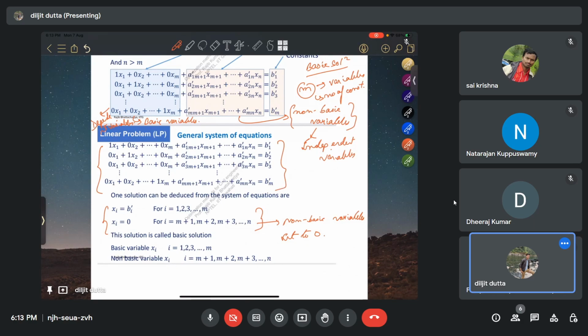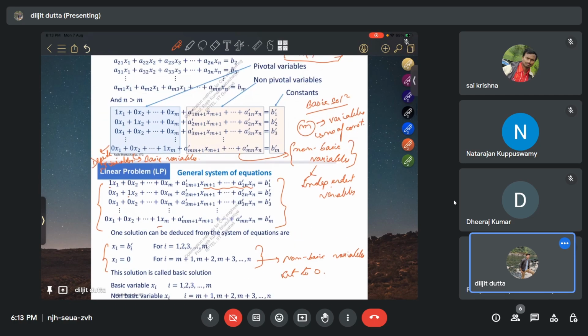In this way we will get the final set of equations. You can see that x1 has coefficient 1, x2 has 1, and up to xm there is a coefficient 1, and xm plus 1 to xn are the non-basic variables, and they have some arbitrary coefficients, after we do the row operations on the different equations.